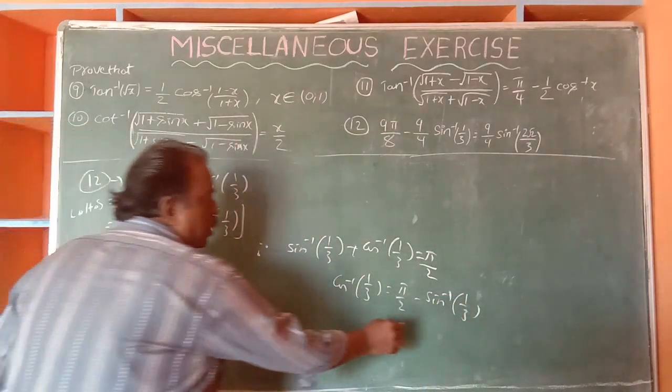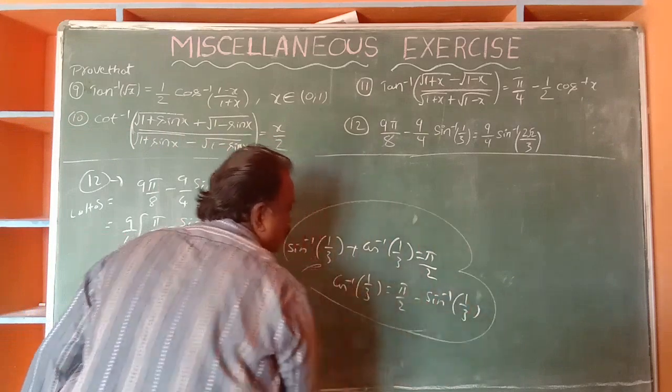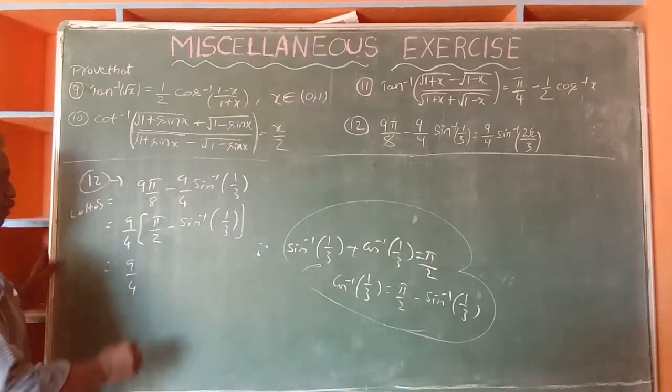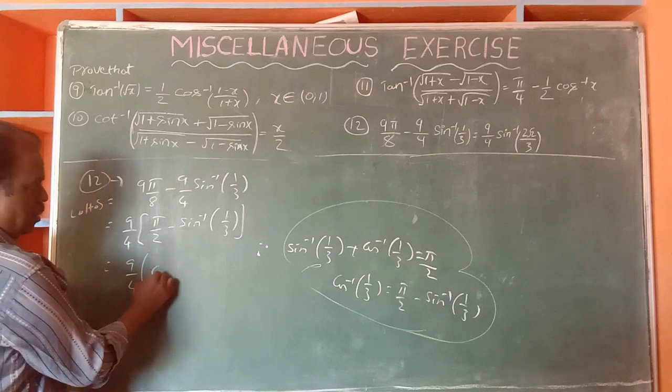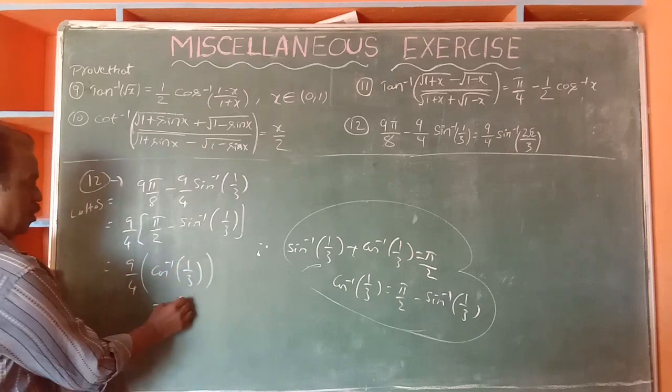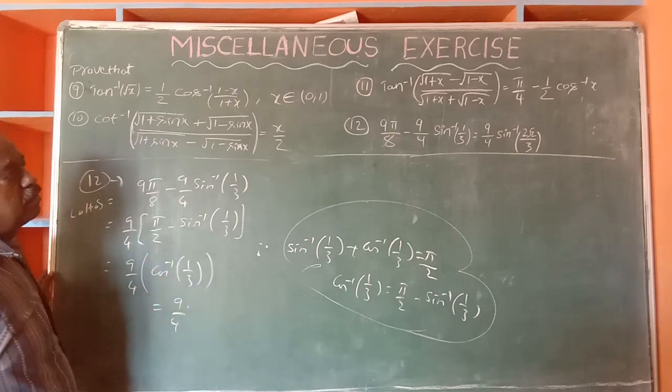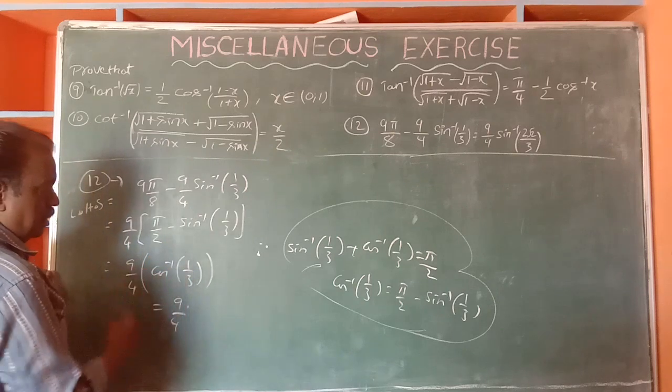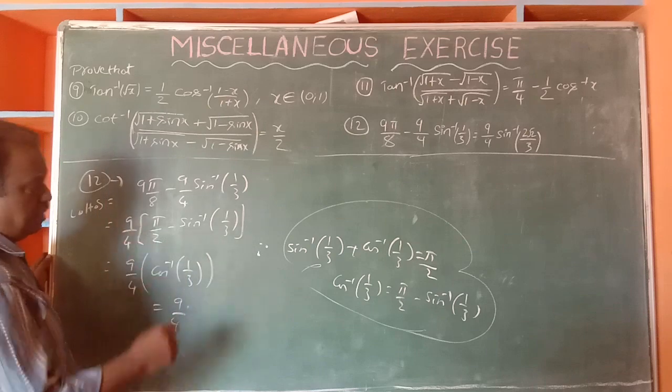By using this concept, it is simply 9/4 times cos⁻¹(1/3), which again is changed.